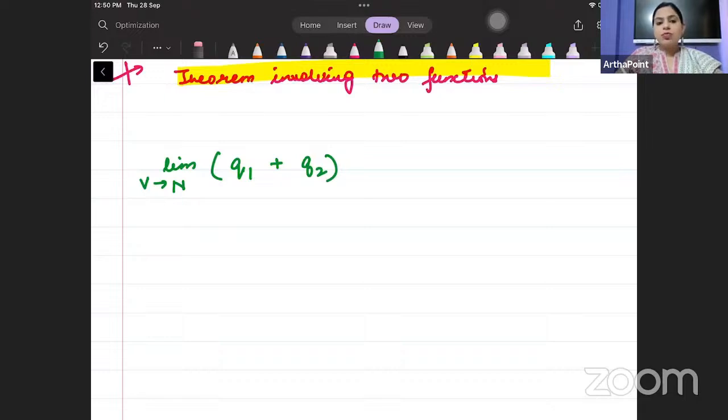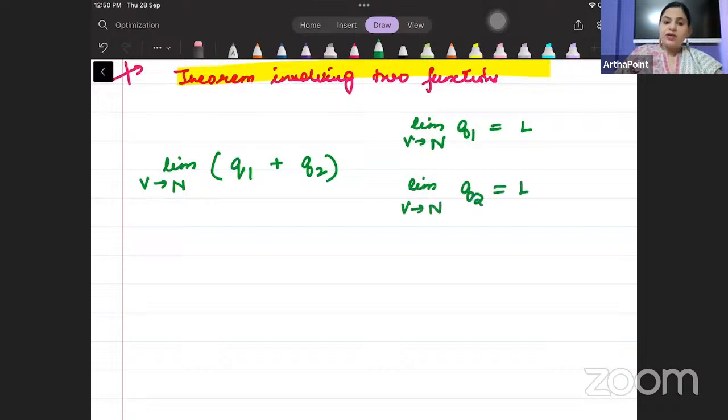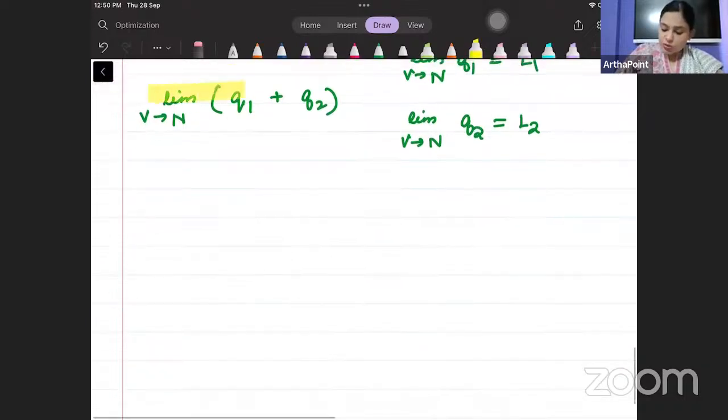So suppose मैंने आपको बोल दिया है कि limit v tends to n q1 gives you L1. Limit v tends to n q2 gives you L2. तो बेटा इसमें मैं क्या कर सकती हूँ? What can I do in this case? I can just open this up.